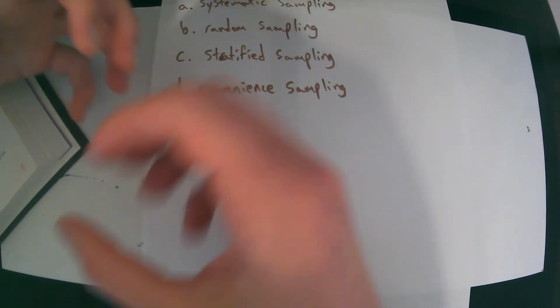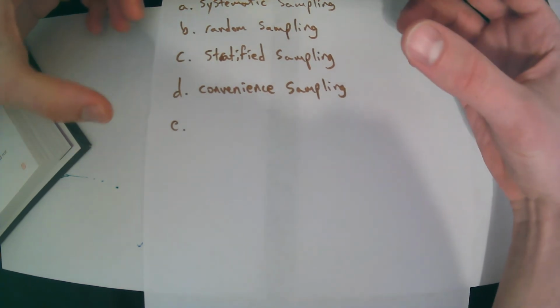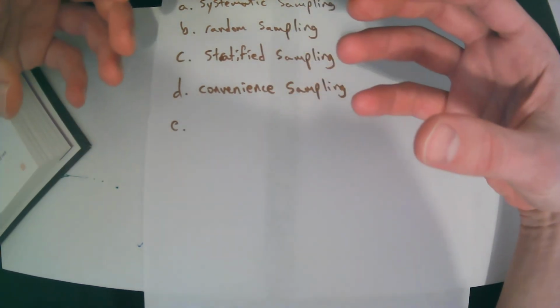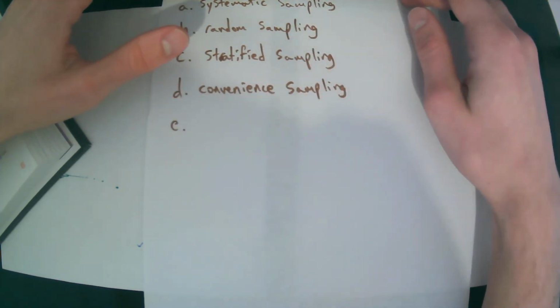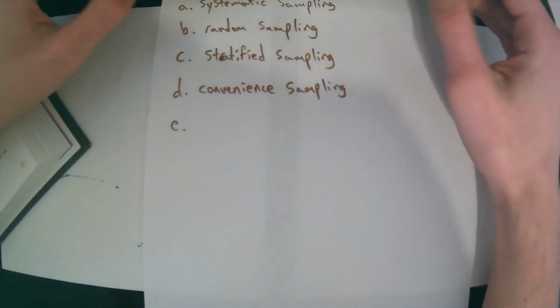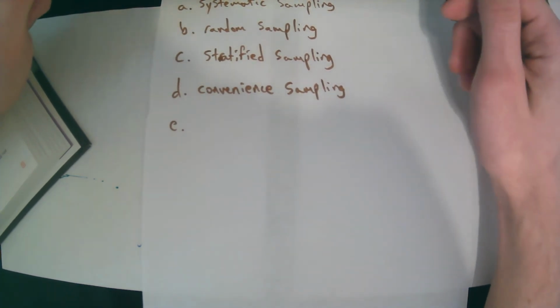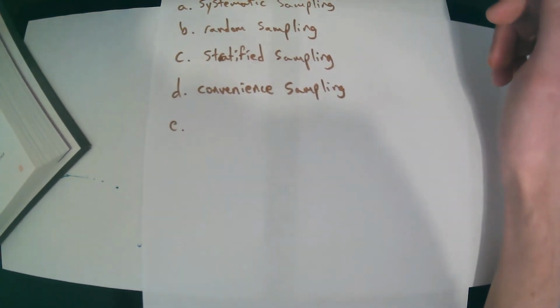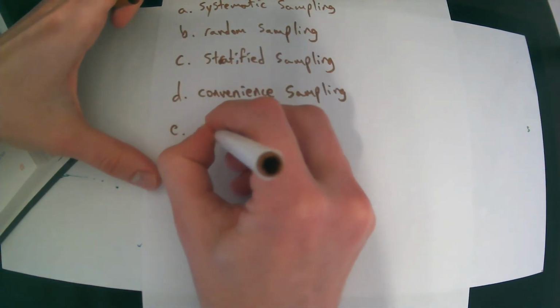And what they did is they split into those 20 natural groups, the 20 counties being those groups, and then they selected 4 of the groups, and they sent every single household in those 4 groups a survey. So that's definitely cluster sampling, right? That's definitely cluster sampling.